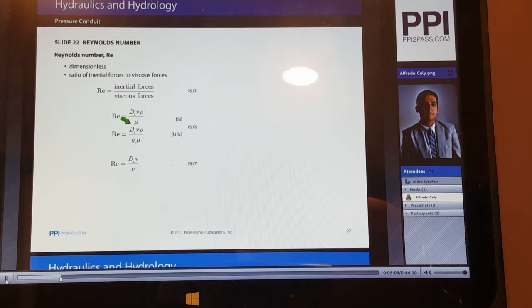Viscosity is defined as a fluid's resistance to flow under the application of external forces. For a further discussion on viscosity, I will recommend you to review section 15.9 of SERM.